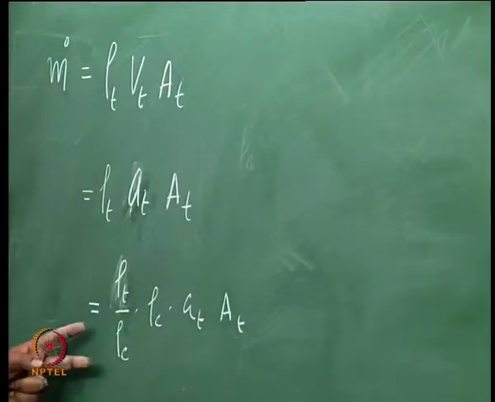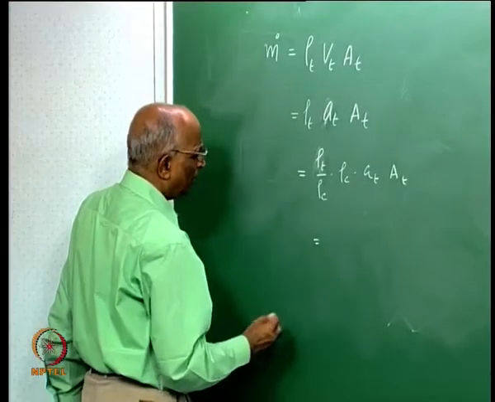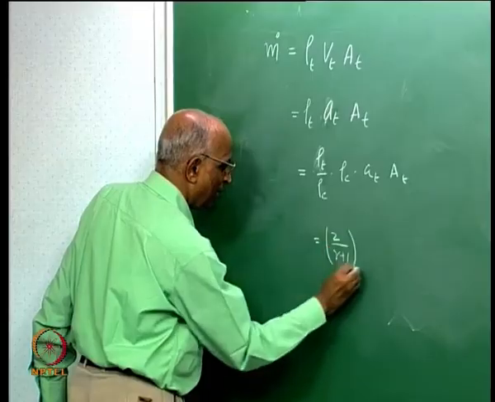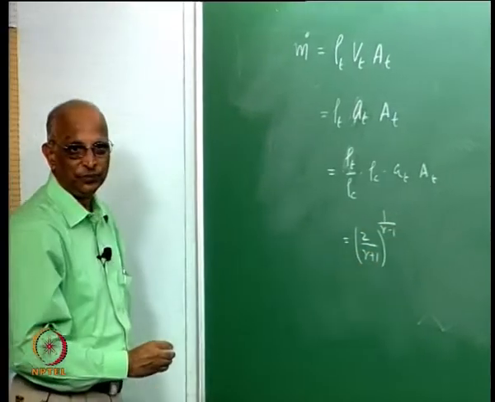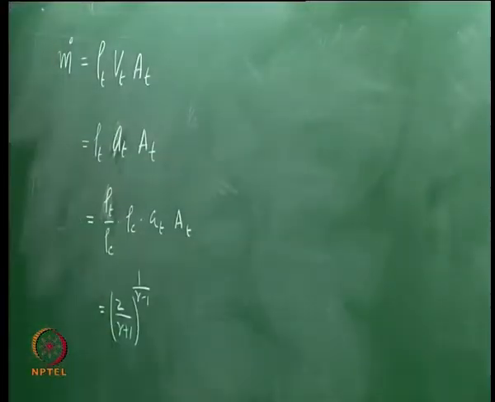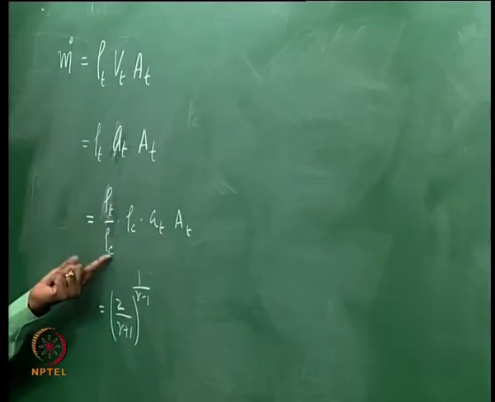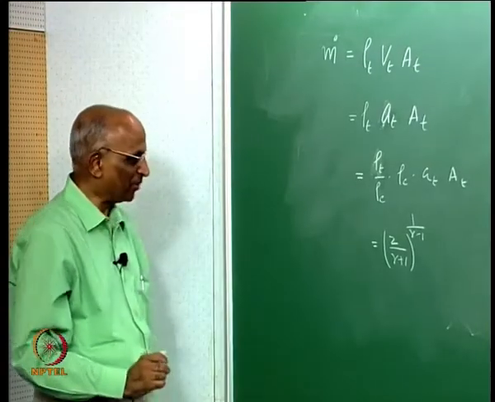Now, I have rho t by rho c, and rho t by rho c we already know is equal to 2 over gamma plus 1, to the power 1 over gamma minus 1. All right, please let's keep track. In the last class we derived the expression for rho t by rho c, Pt by Pc and Tt by Tc, and we got this expression.